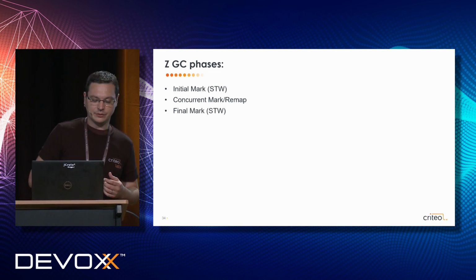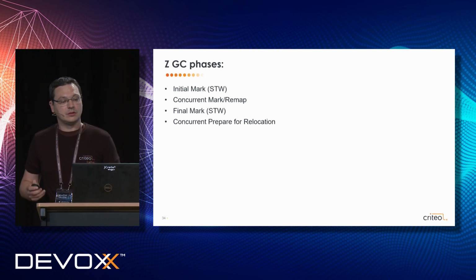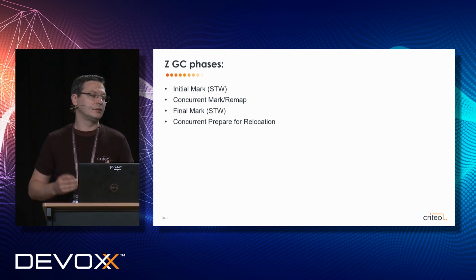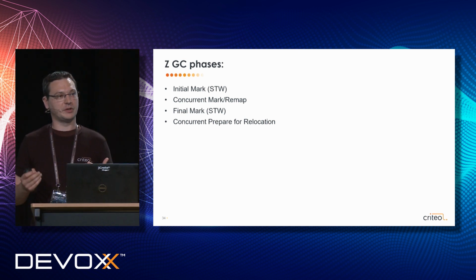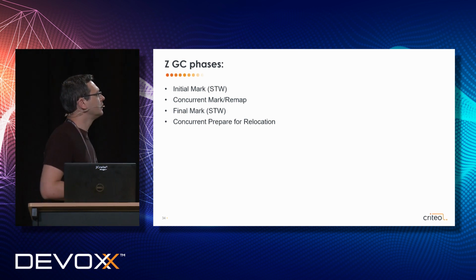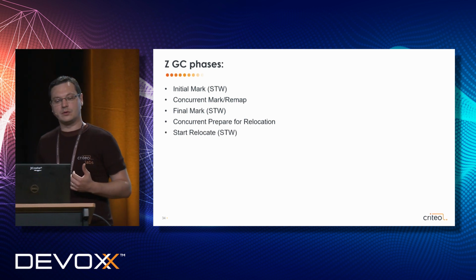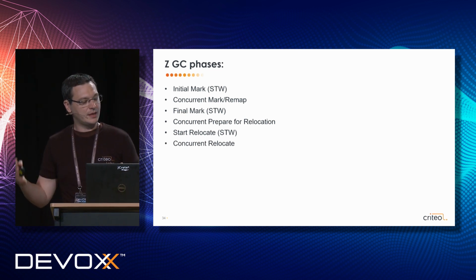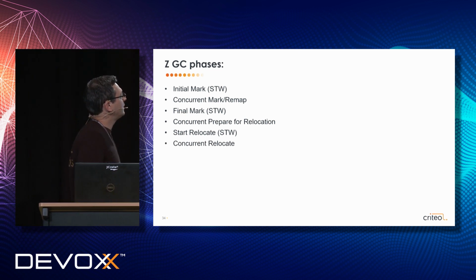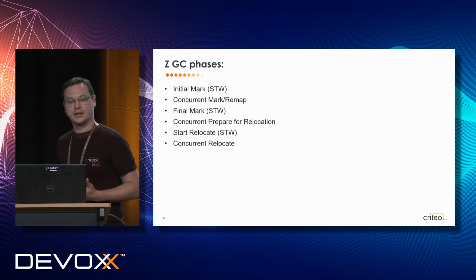A final mark to sync. Then concurrent prepare for relocation. That's the part where you can process the special references like weak, soft, phantom concurrently. They sync to start the relocation phase. The concurrent relocation phase happens at that time, and then we cycle to the initial mark again and the remap.